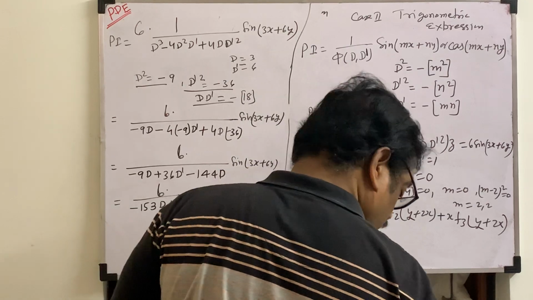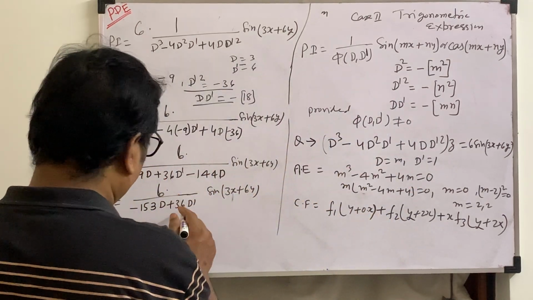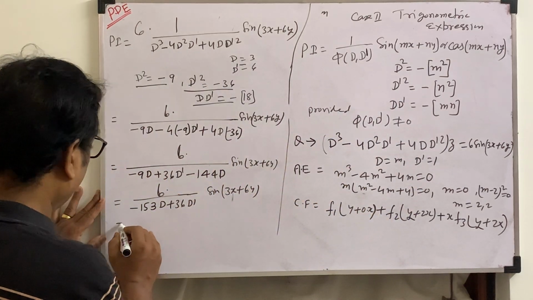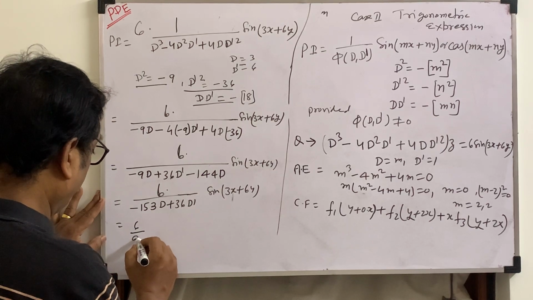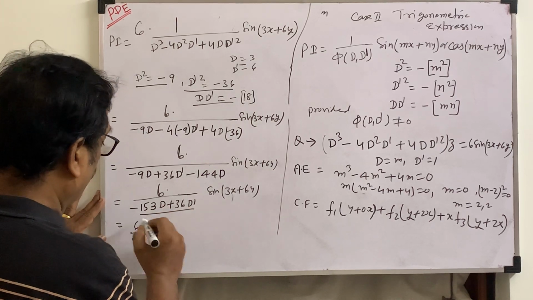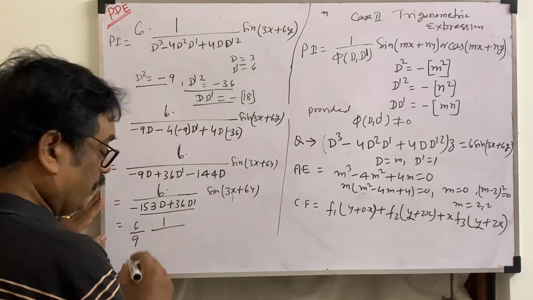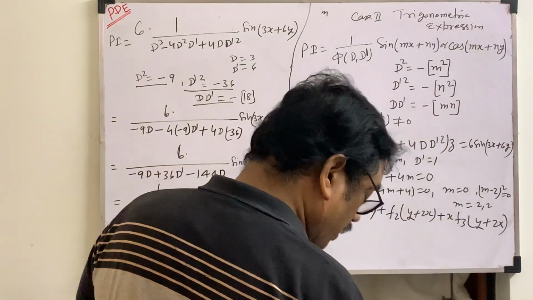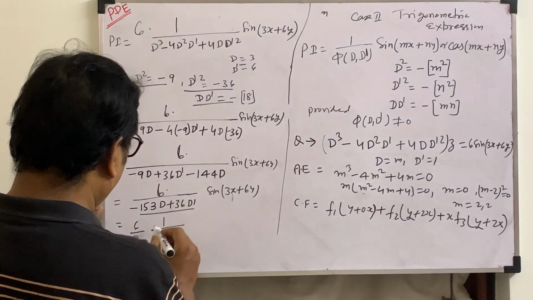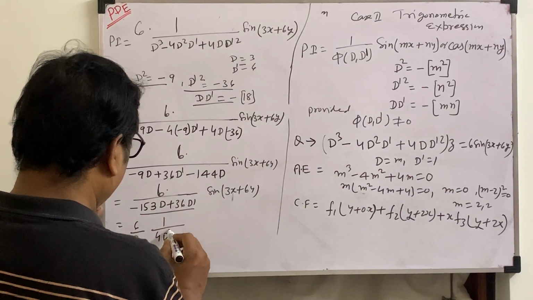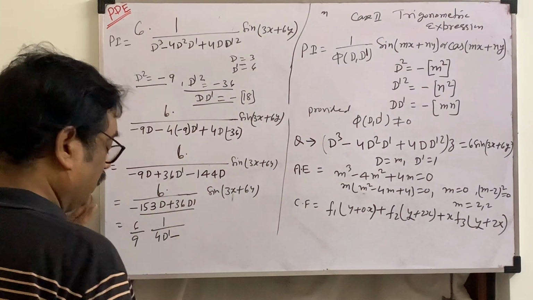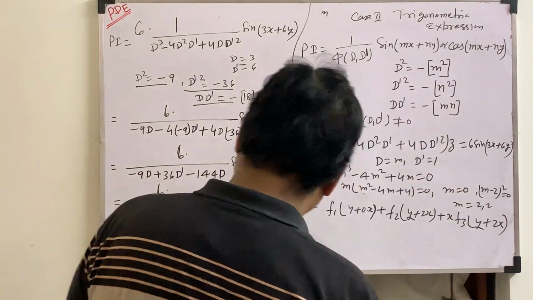If we take common 9 from here, what is coming? So we write 6 by 9 once we are taking common. So this plus 36 D dash, 4D dash. Then minus 153; if we take common 9, it will come 17D.